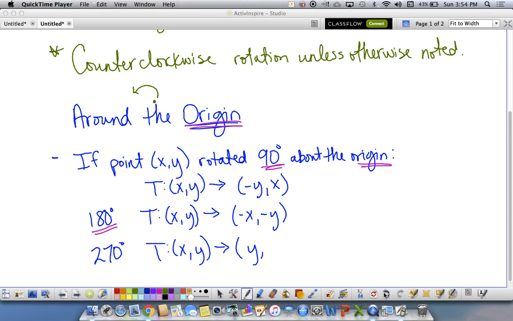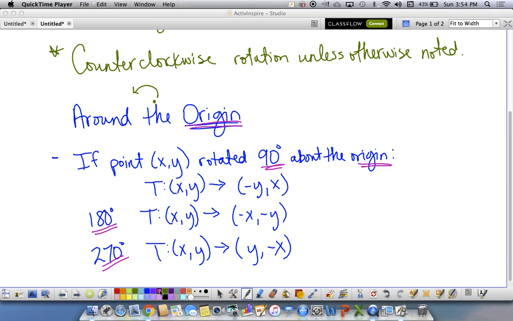So they're going to go in 90-degree increments about the origin: 90, 180, 270. If we added 90 again, that would be 360, and it wouldn't move.